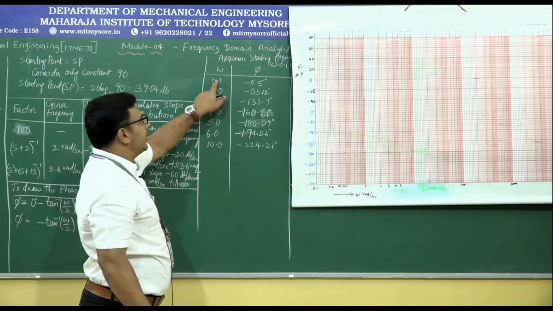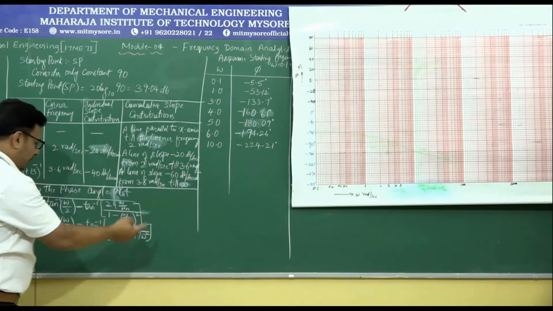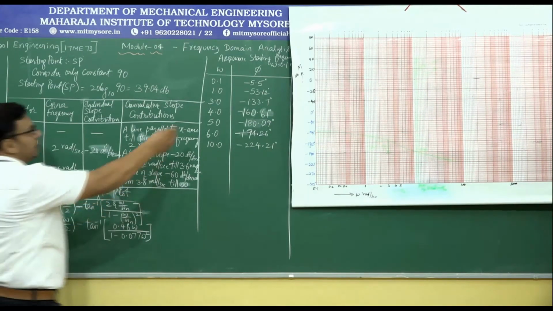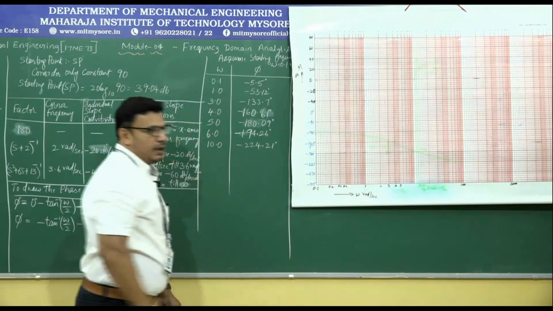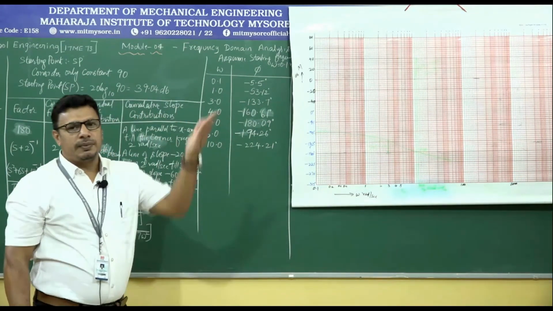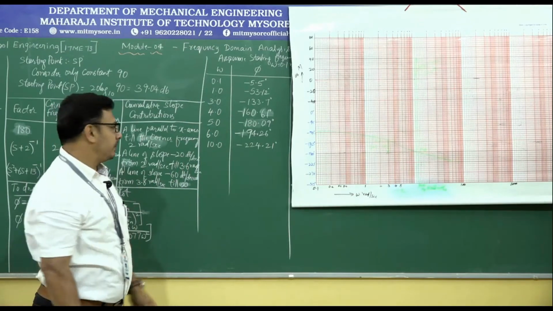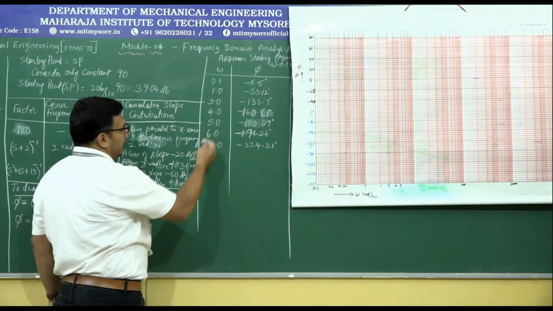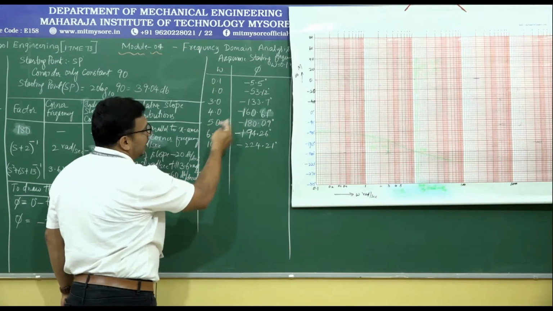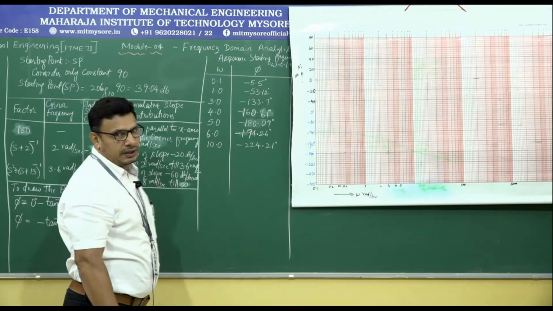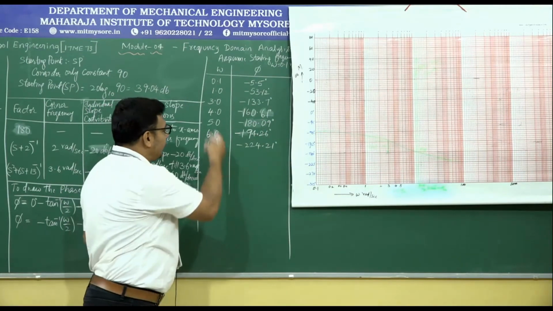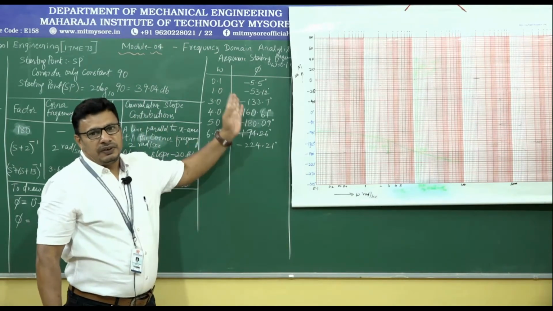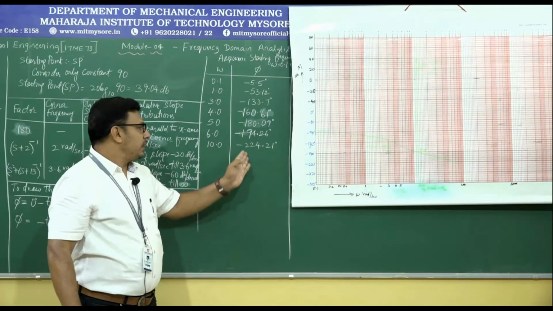At 0.1 omega, if we apply the omega value of 0.1 as we have assumed over here, the phase angle that I am going to get is minus 5.5 degrees. That means it will be very much above the minus 180 degree line in the phase angle versus frequency plot. And then we gave different values of omega, and we found that at omega equal to 5, the phase angle will be minus 180 degree, which is nothing but the reference line, and then further increase in the omega values has led us to phase angles which are very much lower compared to minus 180 degree.